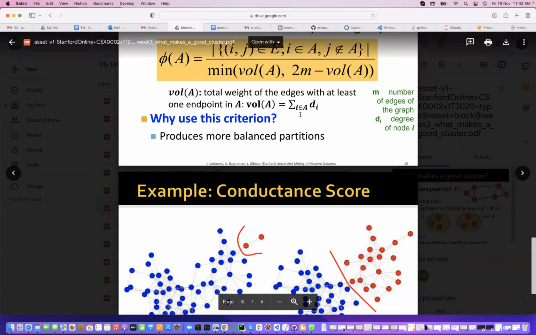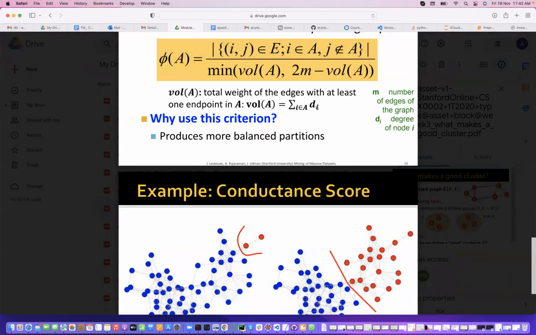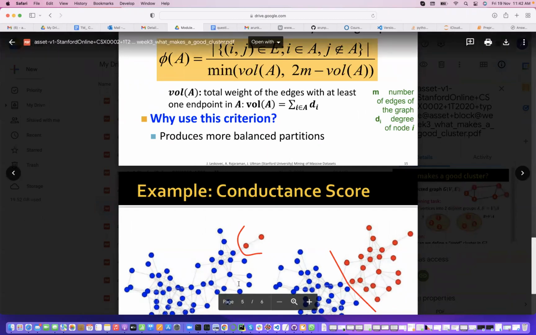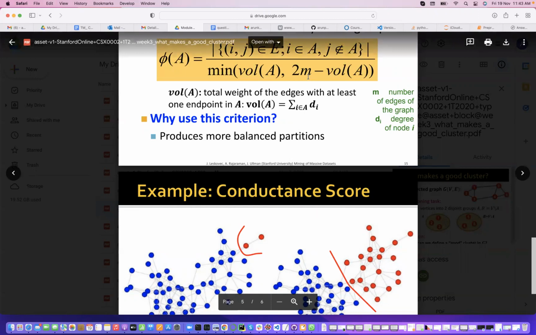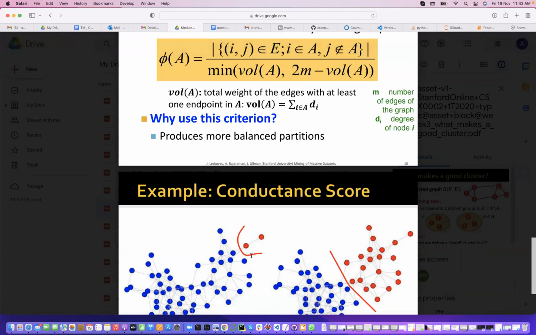Use the volume of A, sigma i belongs to A, d i. Here the volume of A is more or less. If you take the blue one as A for the left side, the volume of A is more, right? Yes. Then what is the volume of A here?